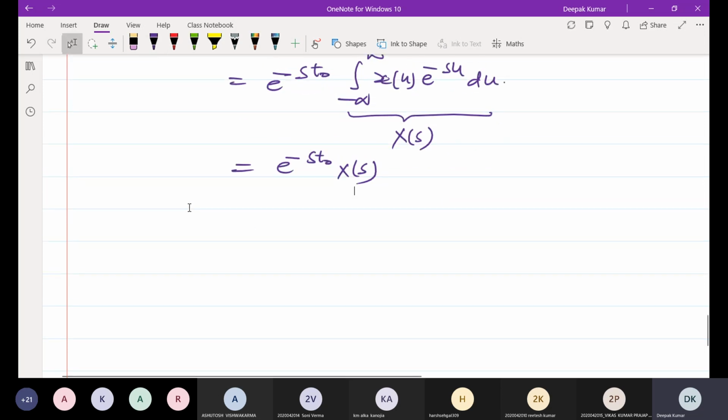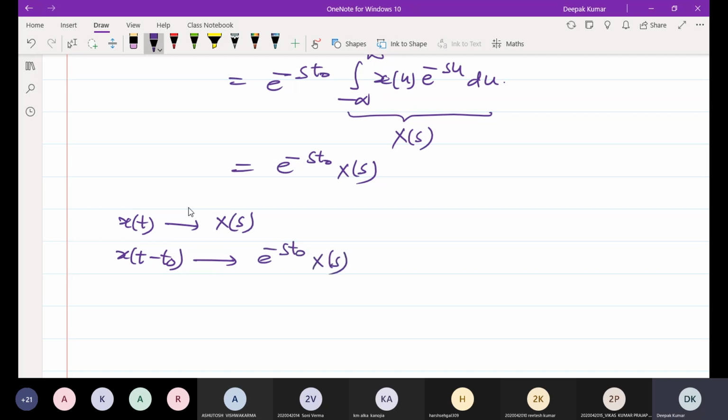So here we conclude that if x of t has Laplace transform x of s, then x of t minus t naught will be, in the frequency domain, e to the power minus s t naught into x of s.